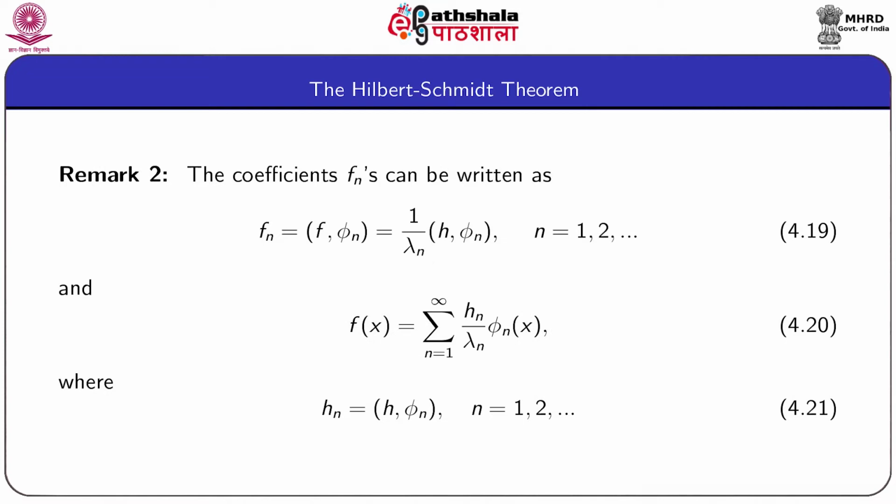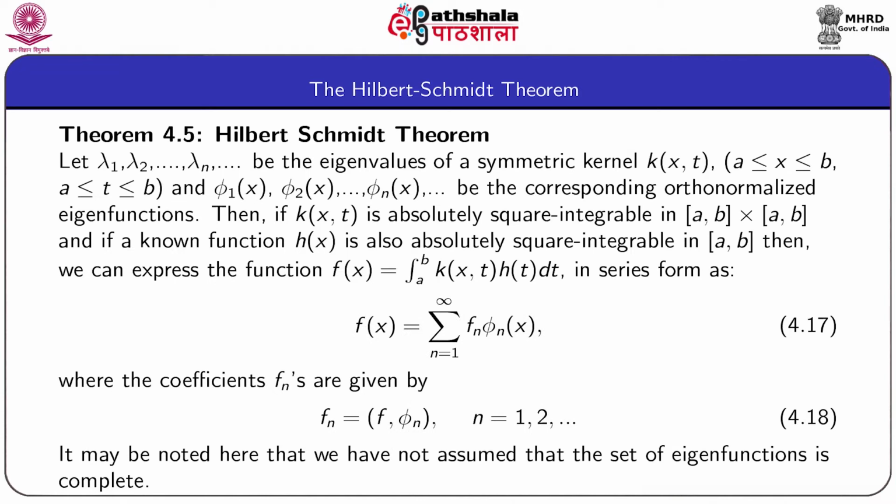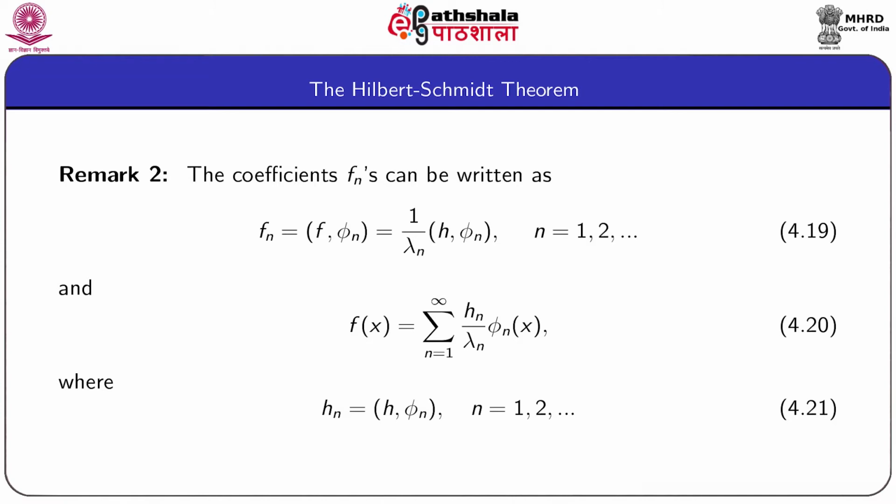Now the coefficients given by equation 4.18, which is the inner product of the functions phi n and f, can be written as f_n equal to 1 by lambda n into inner product of h(x) and phi n(x), so that in the series 4.17, f_n can be replaced by 1 by lambda n into the inner product of h and phi n.